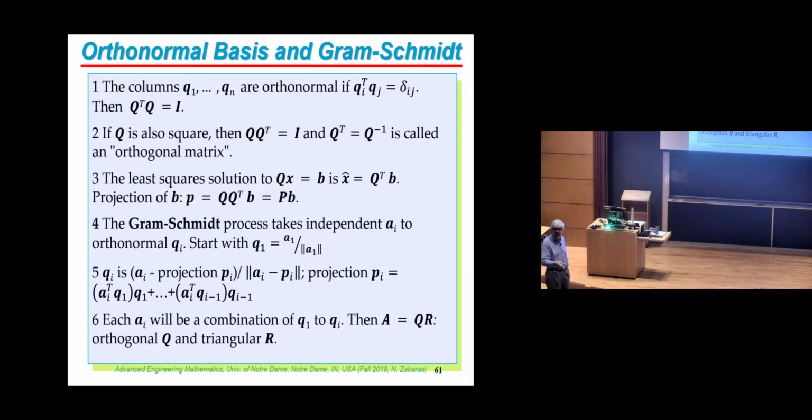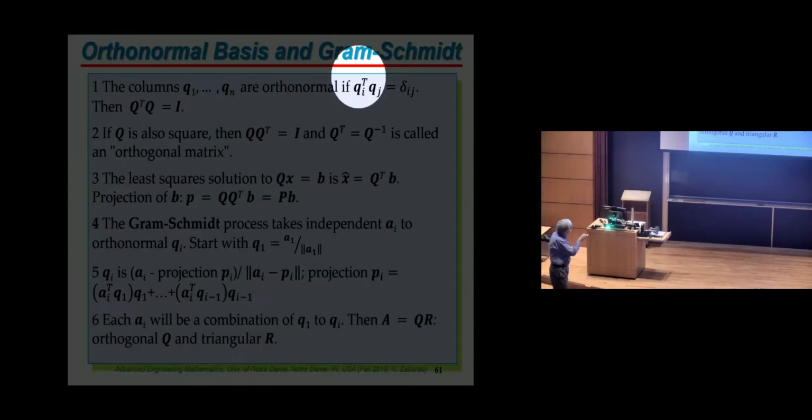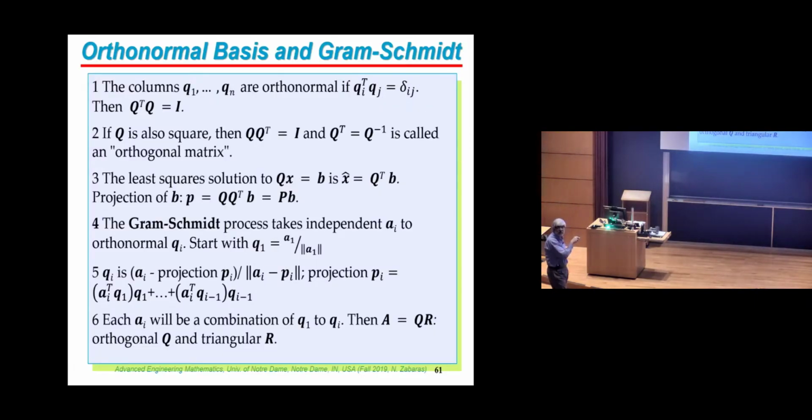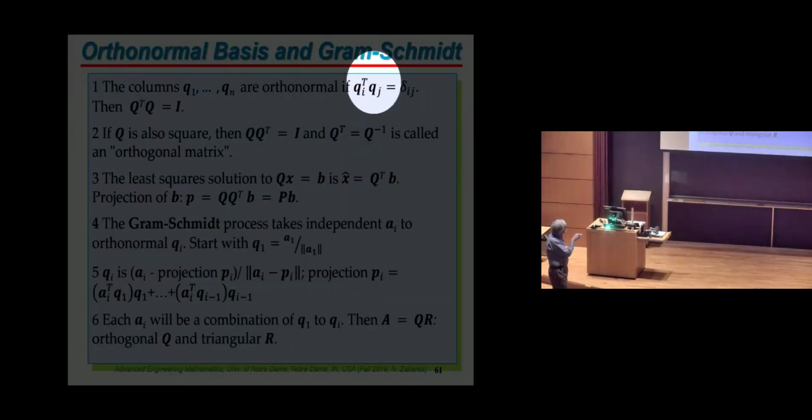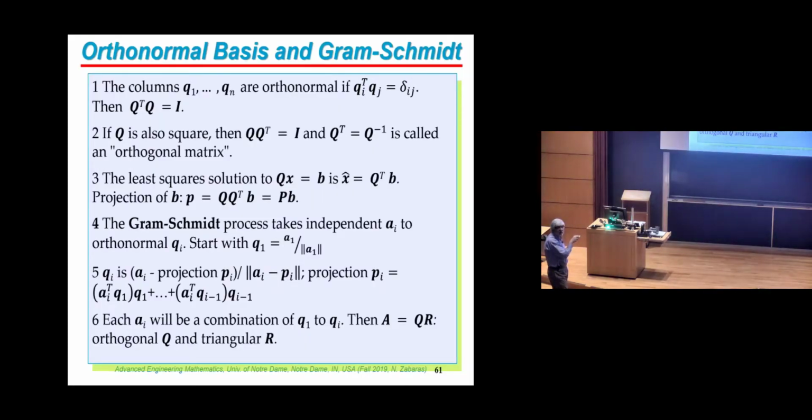So they're orthogonal. If you take Q1 with Q3, the inner product is 0. But it also tells you the magnitude of each of these vectors is equal to how much? If you take i equal to j, what's the magnitude of Qi? You know what delta ij is, right? It's 1 if i equals j and otherwise 0.